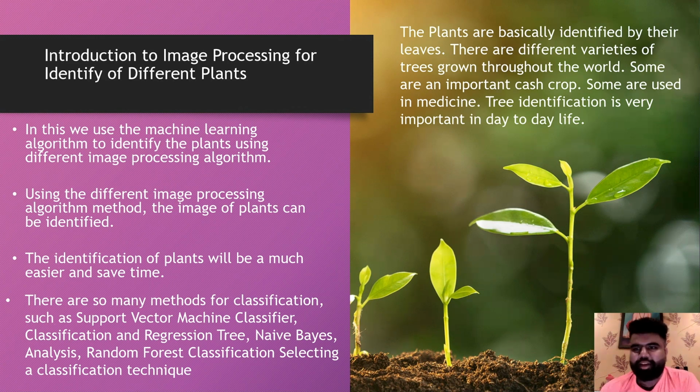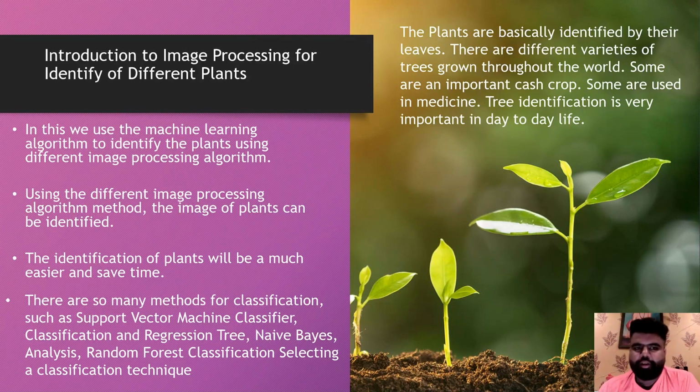The plants are basically identified by their leaves, because the plant can be identified by its leaves, or the variety of tree grown, or the color or the flowers. On this basis, or on these features, we can identify that plant.